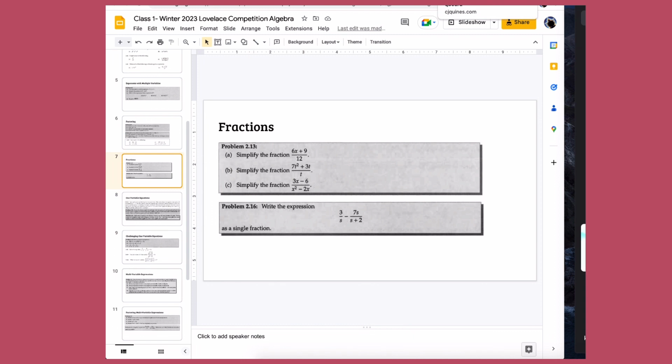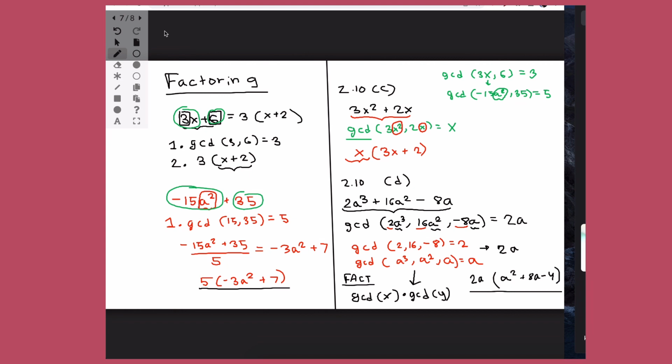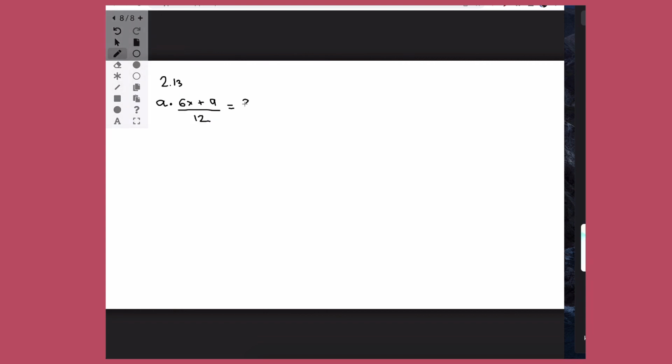Okay, so I'll go over these problems now. So the first gives us 6x plus 9 over 12. So the first thing we do, we will factorize our numerator using the same process we used in these problems. So if we do that, you'll get 3 times 2x plus 3 over 12.